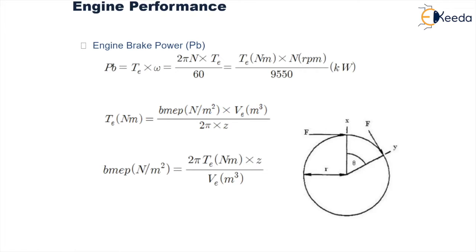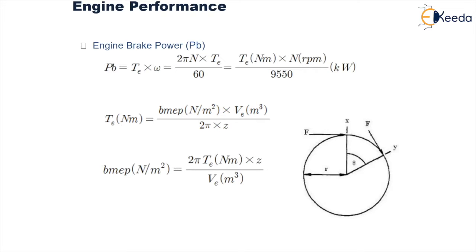But actually we do not get work from the cylinder, we get work at the crankshaft. So of more practical application or interest is the rotational force which will be available at the crankshaft, or in other words, can be called the delivery point of the power.